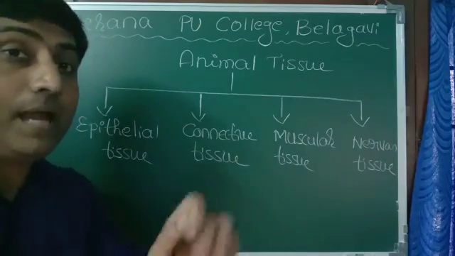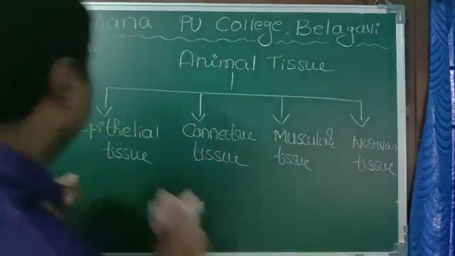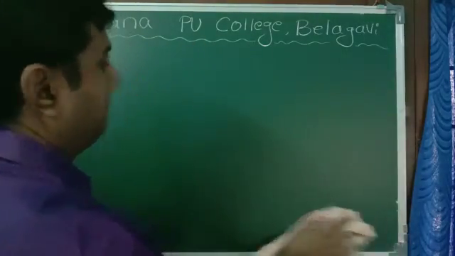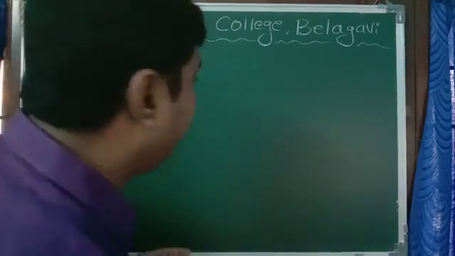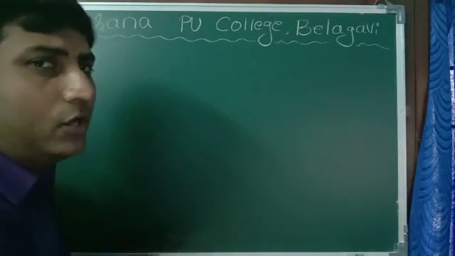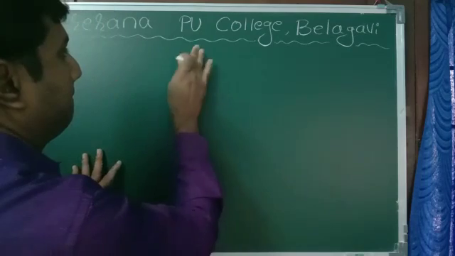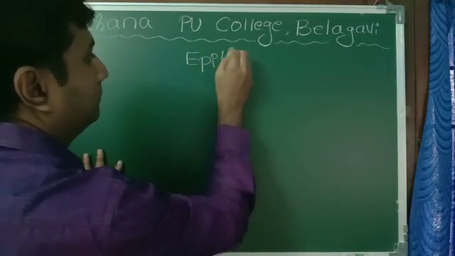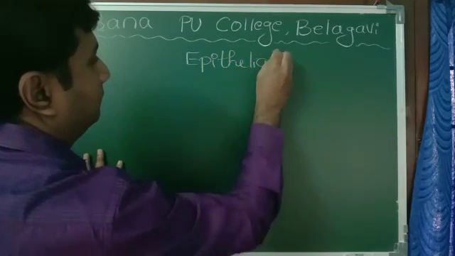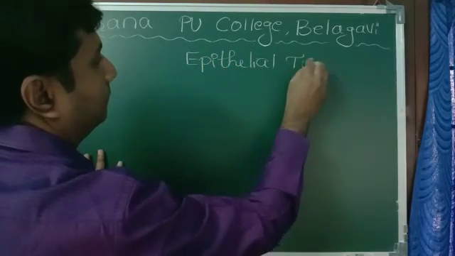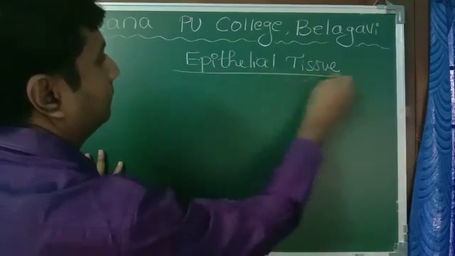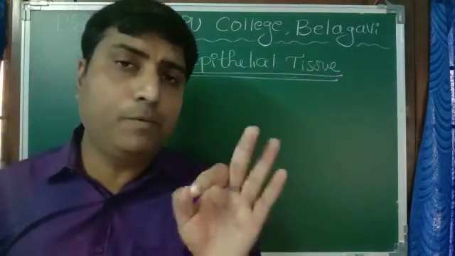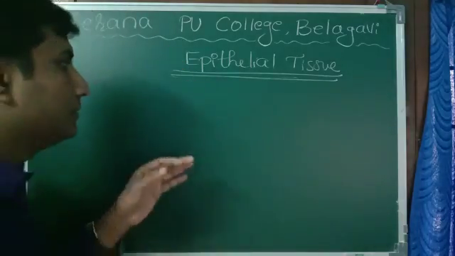First we'll take up epithelial tissue. It is commonly called epithelium. It is one of the simplest types of tissue found in animals.